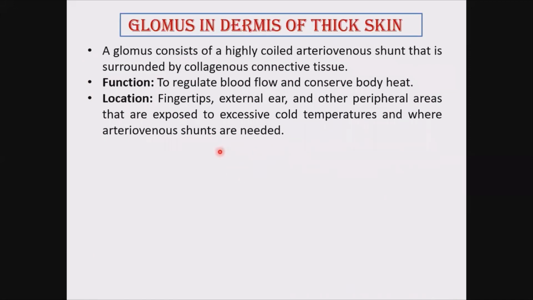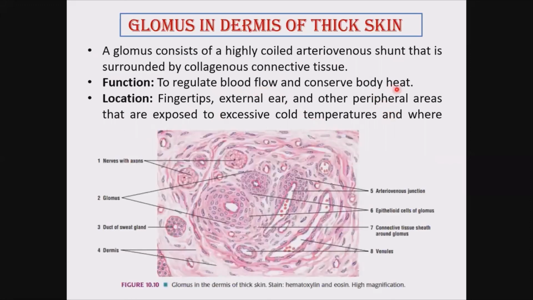Next, skin sometimes contains highly coiled arteriovenous shunts with the absence of capillaries, but the shunts can be present in between the arteries and veins, surrounded by collagenous connective tissue. This is to regulate the blood flow and conserve body heat. Classically, these arteriovenous shunts are present in fingertips, external layer, or the parts which are more exposed to excessive cold temperatures.